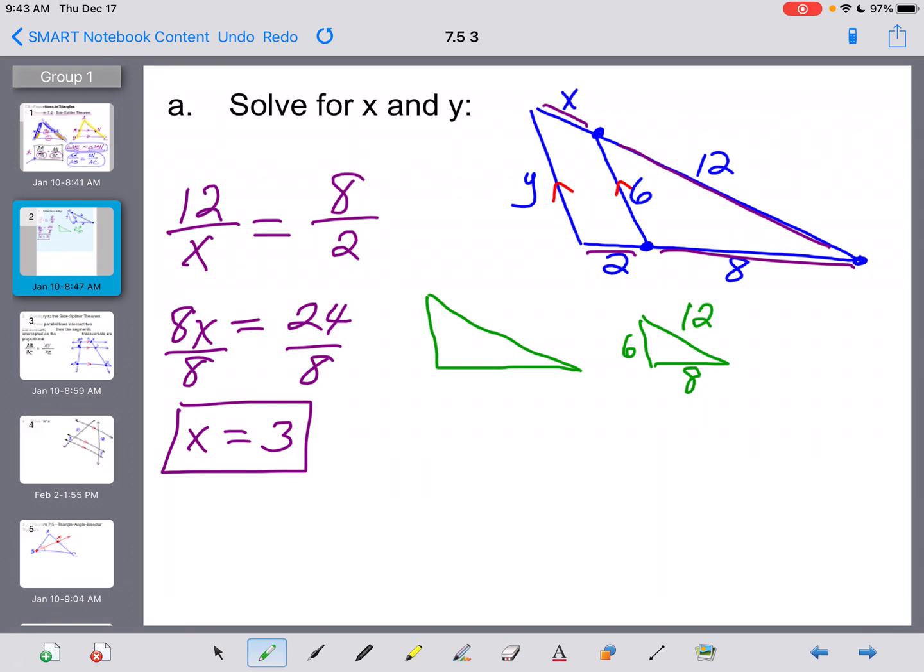In the big triangle, I know that the bottom side, which is from here all the way to here, is going to have a length of 10, which I got by adding together the 8 and the 2. And I know that this left side over here is y. That's what we're trying to find. Now, in terms of the top side, I'm pretty sure that this top side is 15.